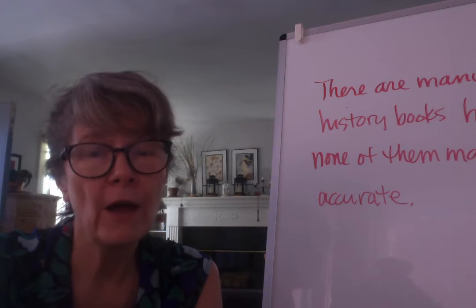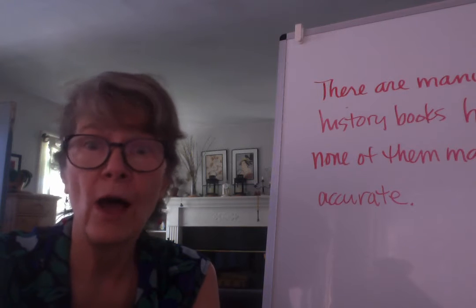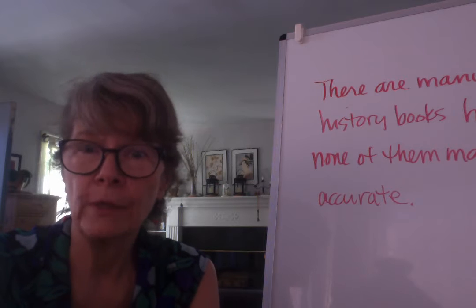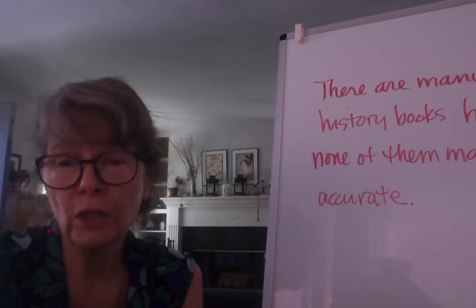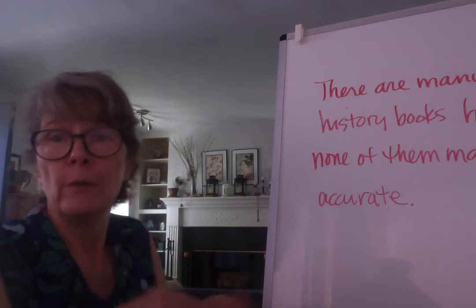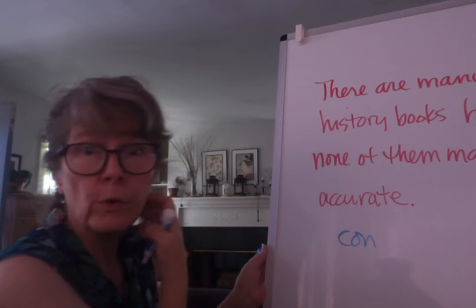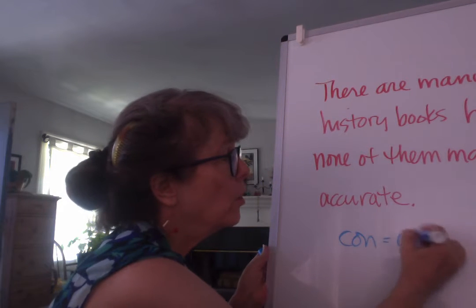Adverbs modify verbs. They give us more information or tell us more how, when, or where a verb, an action happens. And we know conjunctions, and conjunctions join things. That's what that word means. Con is a Greek root, or a Latin root maybe, that means with or together.